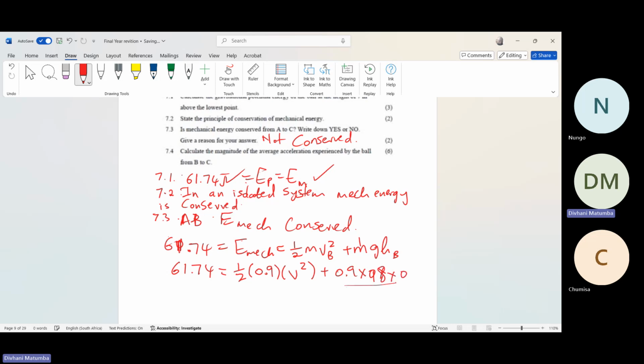So this will be 0. So 61,74 is equal to 0,45 v squared. So if we divide by 0,45, 61 divided by 0,45, how much are you getting now?